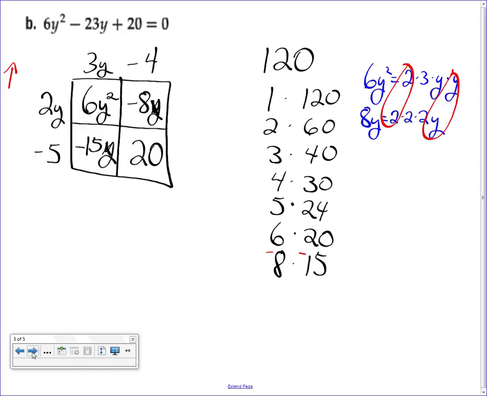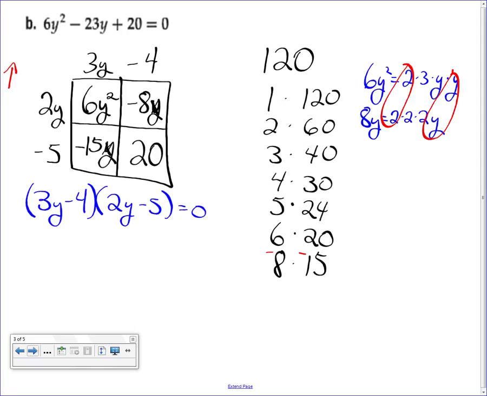All right, the factored form of the polynomial 6y squared minus 23y plus 20 is 3y minus 4 times 2y minus 5. That's going to be equal to 0. So either 3y minus 4 is 0 or 2y minus 5 is 0.